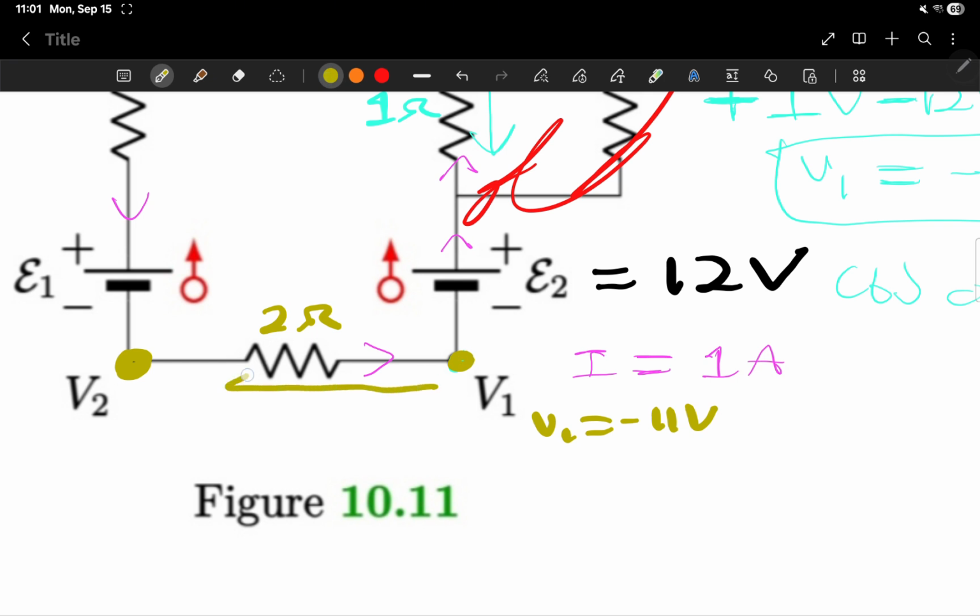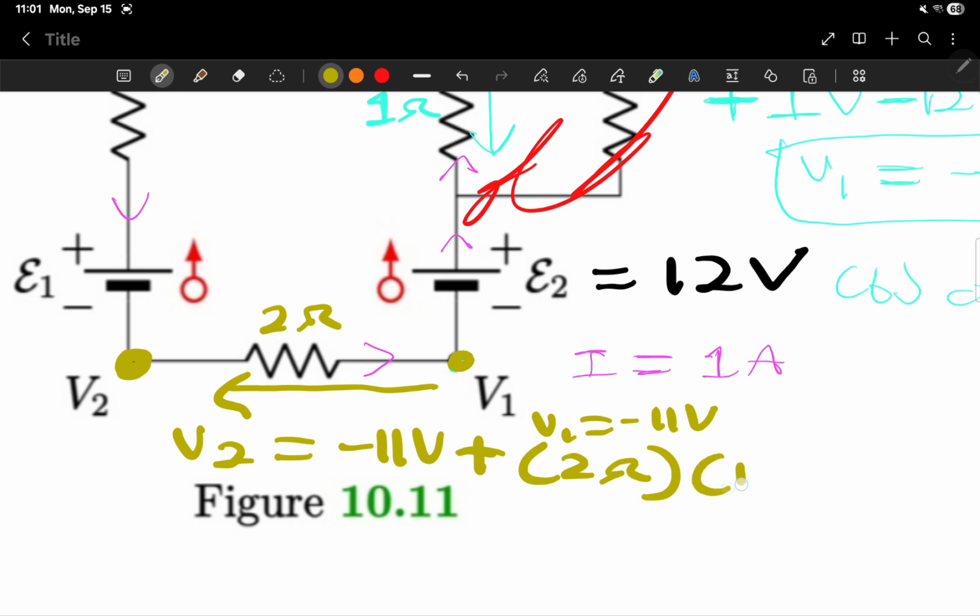As we move this way, we're going against the current, so we're going from low potential to high potential. When we do final minus initial, we will get a positive value here. So basically V2 is equal to minus 11 volts plus 2 ohms times 1 ampere.